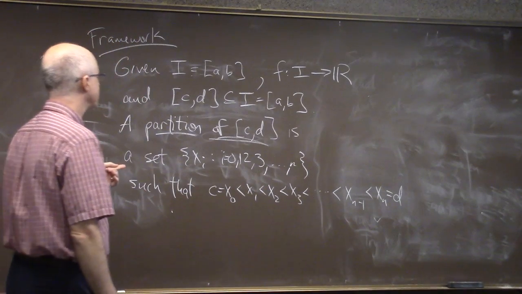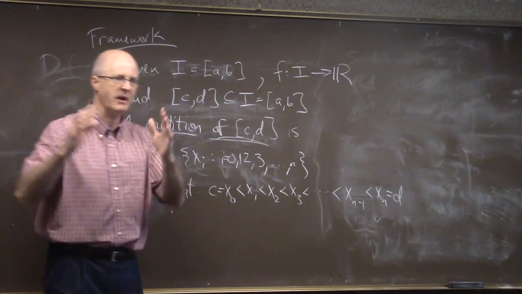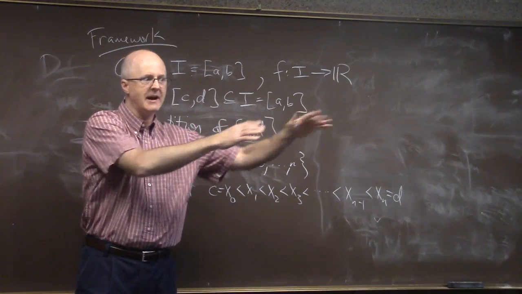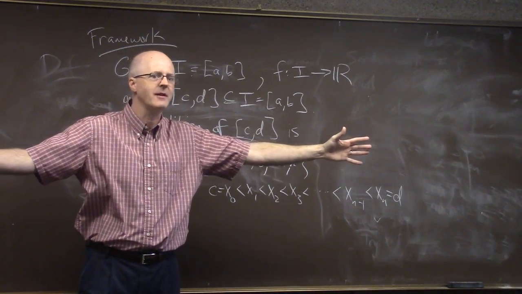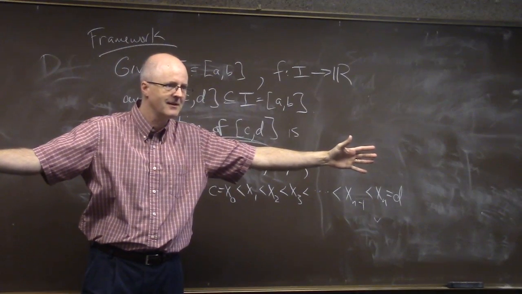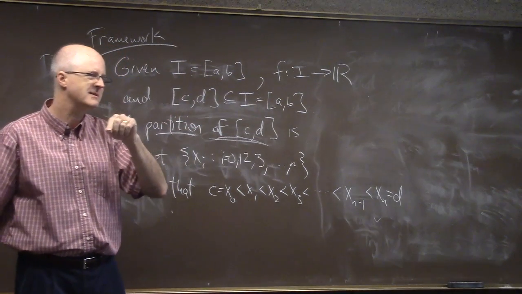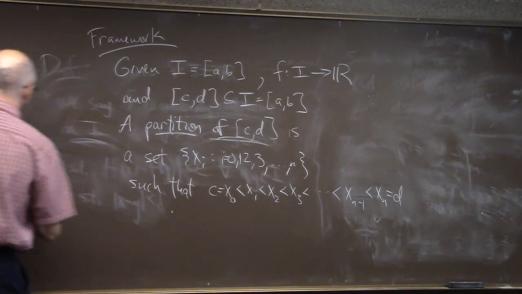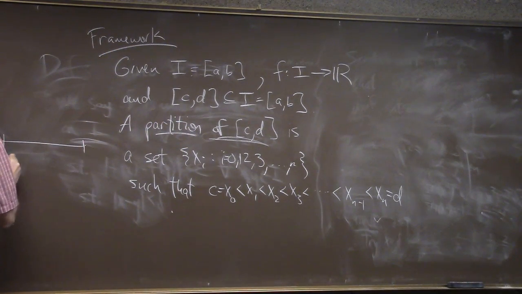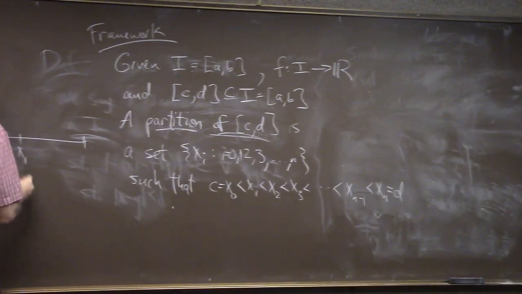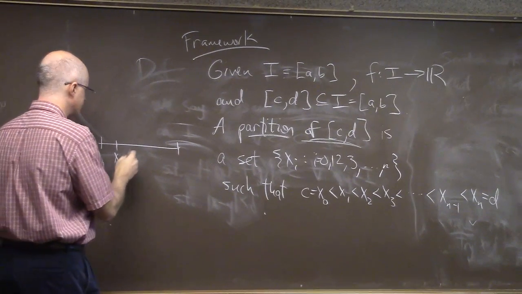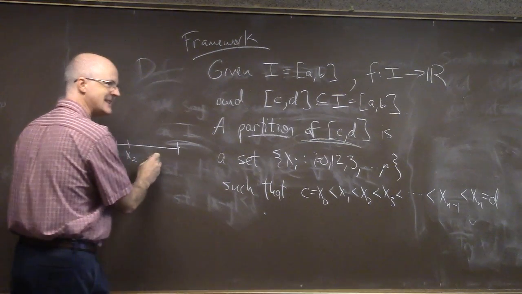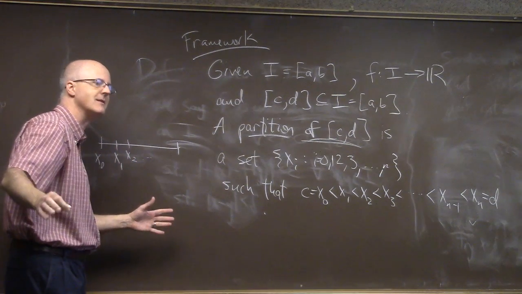You could consider partitions like this as breaking the entire interval into subintervals. The union is the entire interval, though they're not disjoint, because the endpoints overlap. The right endpoint of the first interval, right there, x1, becomes the left endpoint of the second interval. So technically speaking, they're not disjoint, but they're almost disjoint.